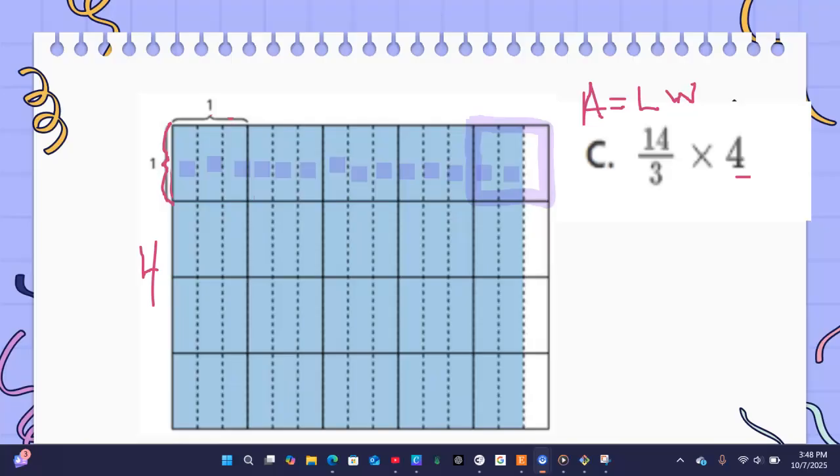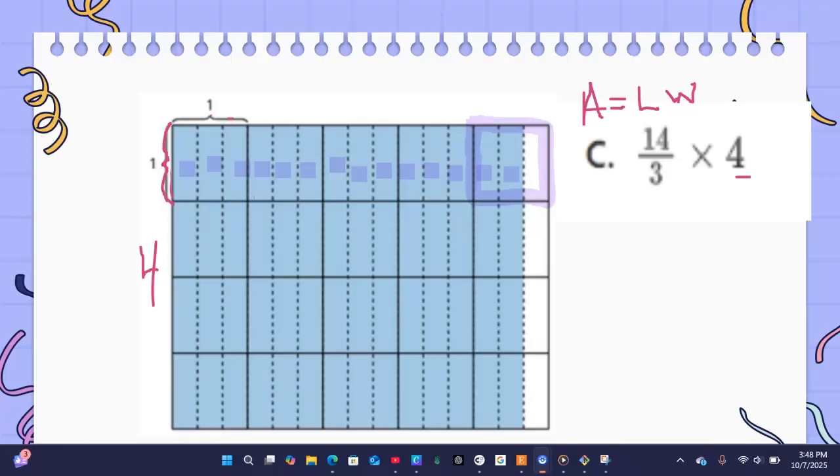So this represents 14/3 shaded. So I have 14 shaded, partitioned into parts of 3. Okay, so 14/3 times 4.